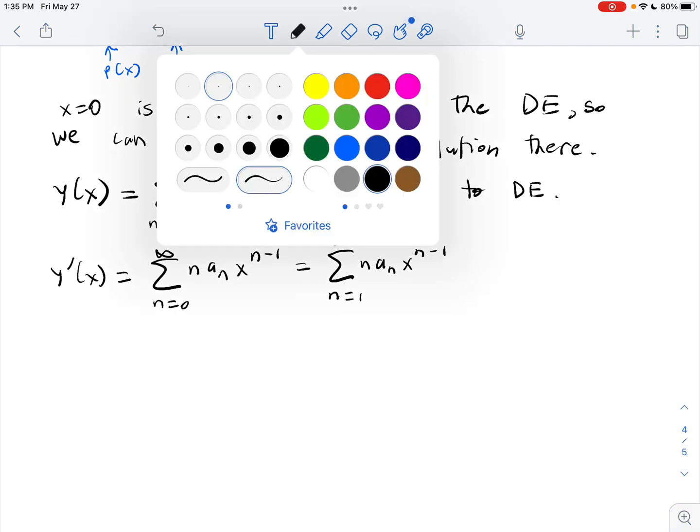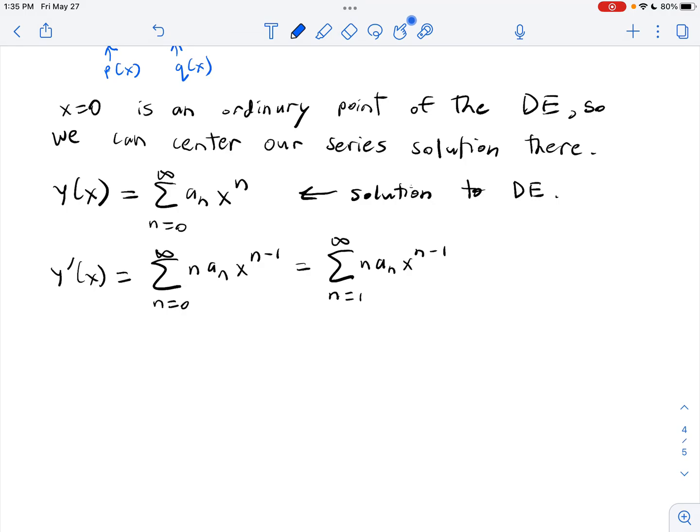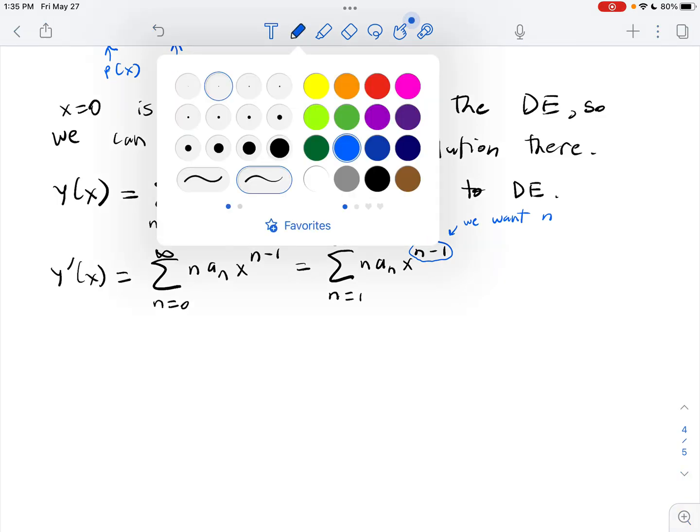Now what? Well, right here, this guy is n minus 1, and I should say we want n. We always want x to the n, and so what I would do here is reindex it.